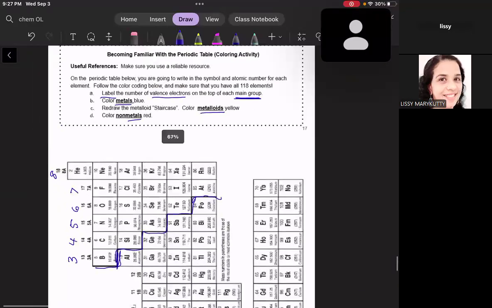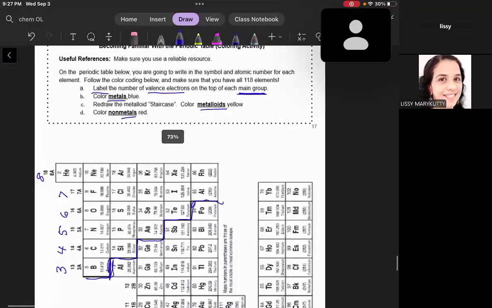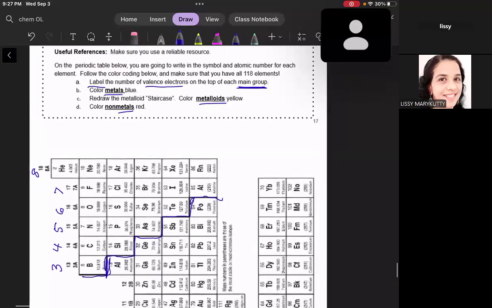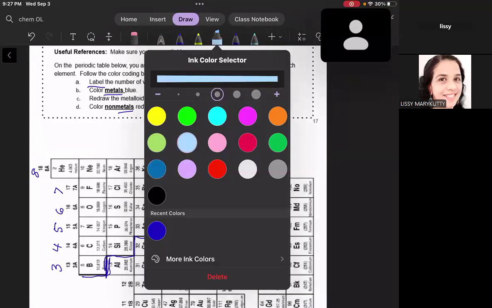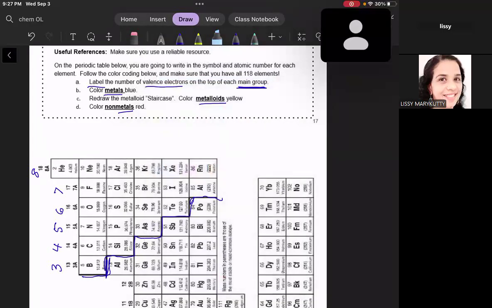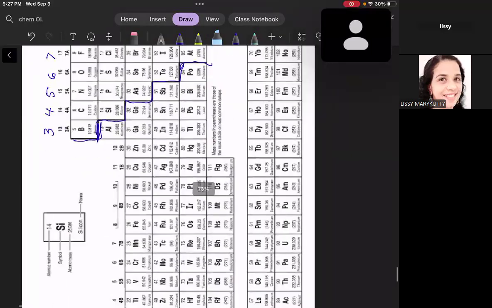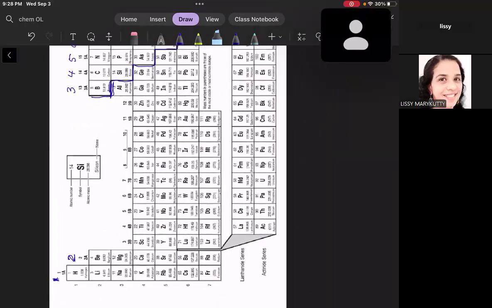Okay, so now you all need a blue color. So get a blue color and highlight or color all metals in blue. So except hydrogen, you have to do everything on the left of the stairs, including the bottom ones.